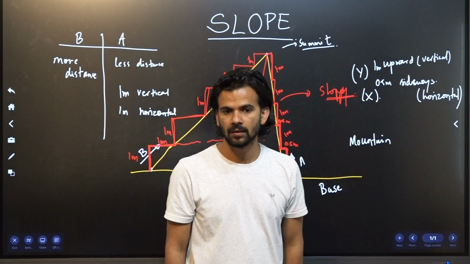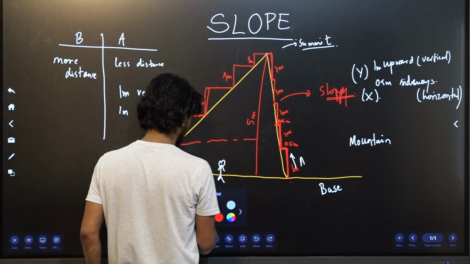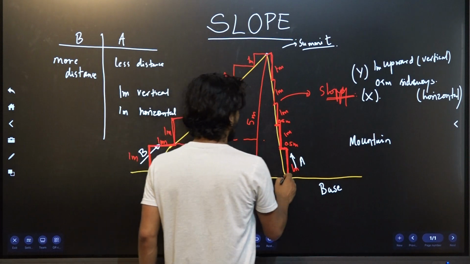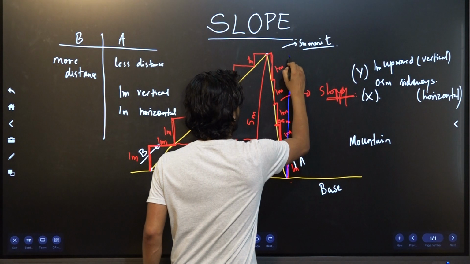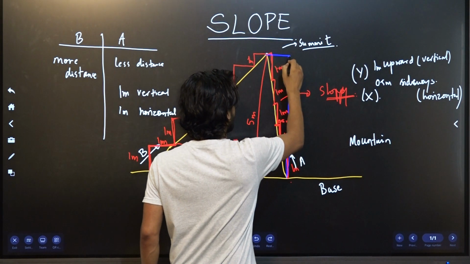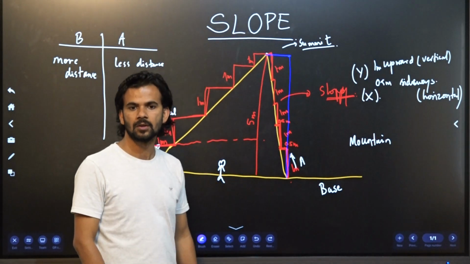Right? So if you take overall here, let's say here you see. If you go all the way, you have gone from here, you have come here, right? And here, if it was only one step, this would be the step.